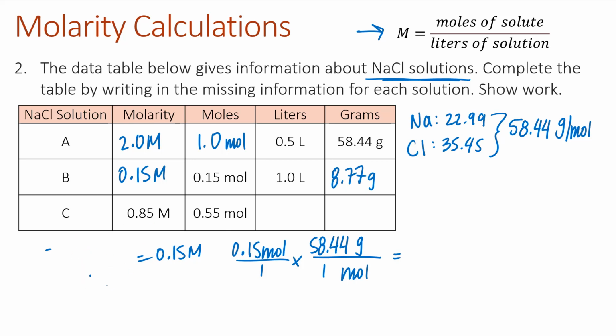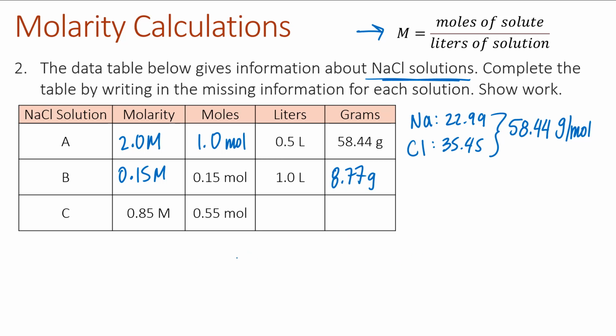Our last solution, we are given the molarity and the moles, and we are asked to find the liters and the grams. So let's start with our molarity and moles to find liters. So my molarity is 0.85, and there is 0.55 moles, and we are solving for the amount of liters.